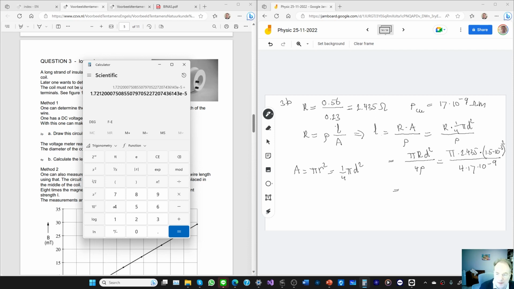And I need to divide that by 4 and divide it by 17 times 10 to the power minus 9. And this is 250. Let's put it in scientific notation with two significant figures. So that's 2.5 times 10 to the power 2 meter.